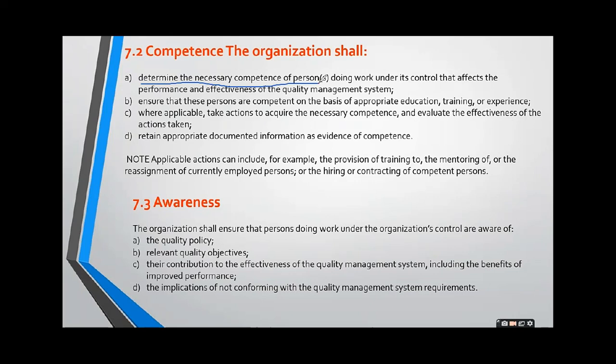The last part, D, of clause 7.2 is the documented evidence. It is not mentioned here, but we usually call it the documented information part, where you will maintain all the documented information like certificates, training records, or job descriptions as a proof of competence.